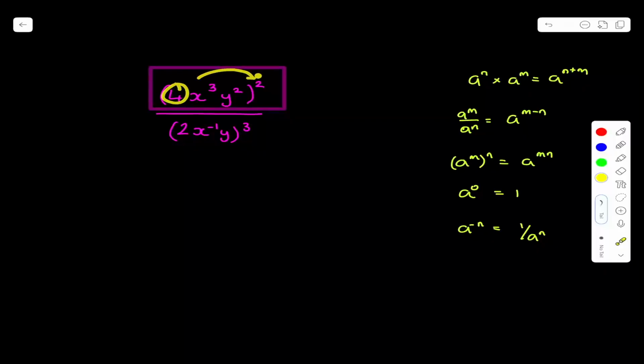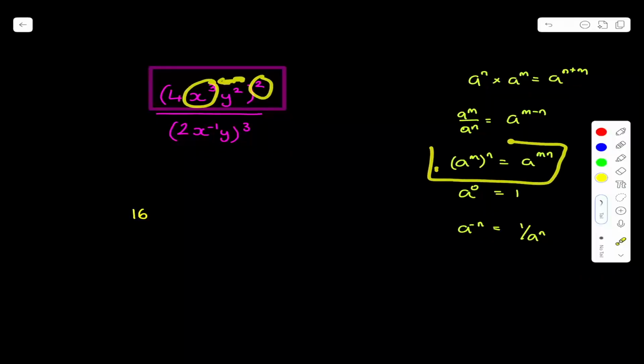So we need to work out what 4 squared is first. 4 squared is 4 times 4, which is 16. Next, we need to do this squared. And so we're multiplying our indices, which brings us to this rule. Does everyone see that? Because you've got the cubed, and then you've got brackets, and you've got the square out. So we're going to use this rule.